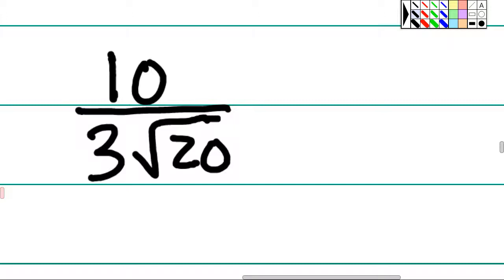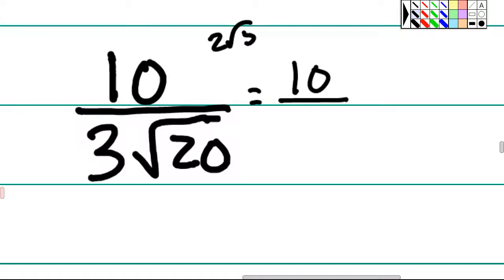Or we could multiply top and bottom by root 20. It really doesn't matter. So let's just simplify it first. 10 all over, well, we said root 20 was 2 root 5. So 3 times 2 root 5 is going to be 6 root 5. We don't like having radicals in the bottom, so we're going to multiply top and bottom by root 5.